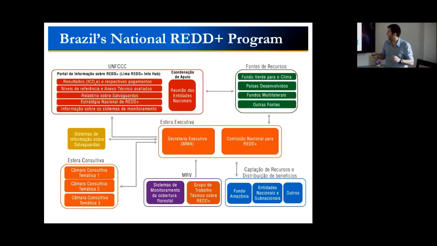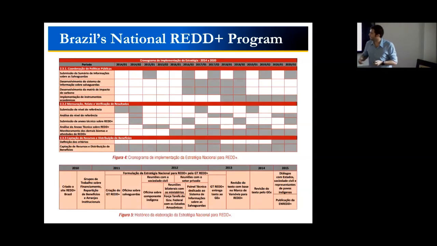I'm not going to talk much about it. This is what Brazil is doing. This is their chronogram. Is chronogram a word in English? Basically, they started with this idea in 2010, and by 2015 they published the national strategy. But really, Brazil is going to implement its national program by 2020. That's our deadline.